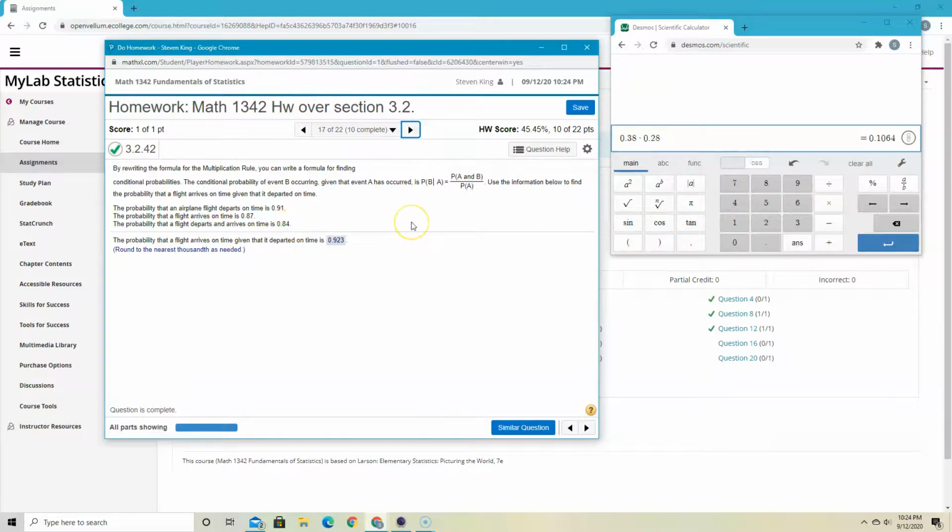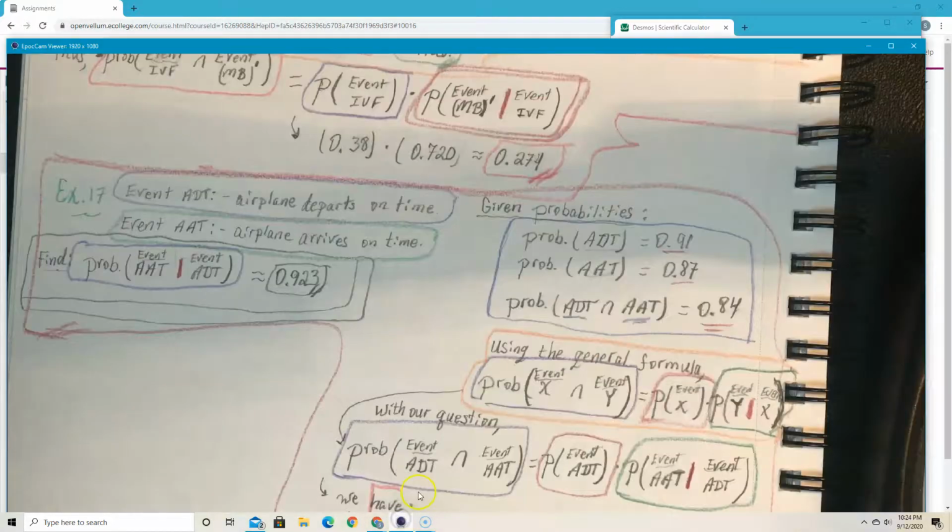They depart the airport on time and they arrive on time, when they land, of course. The probability that the airplane departs on time and arrives on time is 0.84.